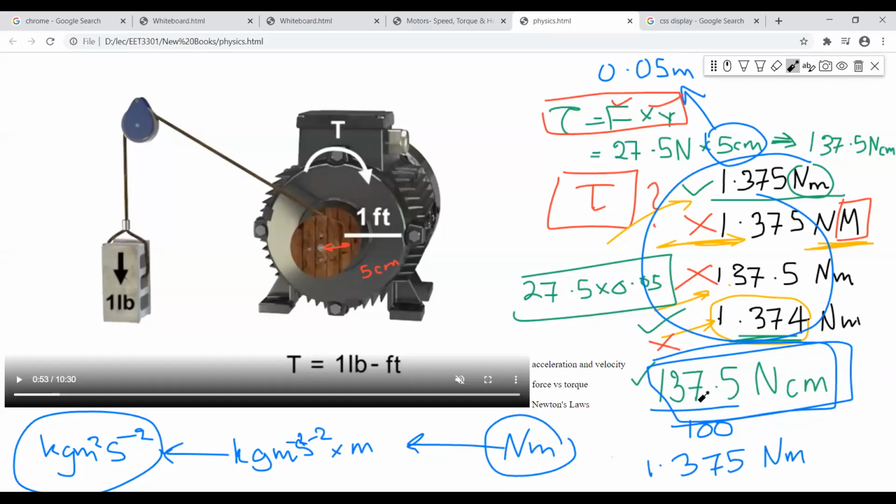The next problem may be in metric units or some different sort of units, so you forget that this is in Newton centimeters. You assume, like this person did, it is in Newton meters and go to the next step. So the answer for the next step is going to be wrong because you forgot that it is in Newton centimeters. So it is a good practice to always convert to SI units, right?